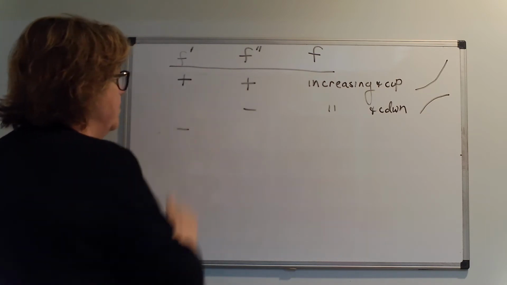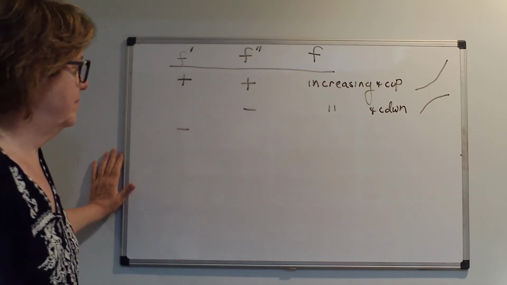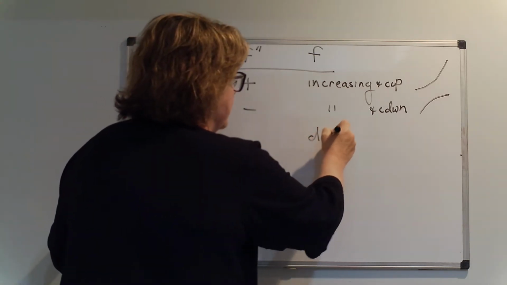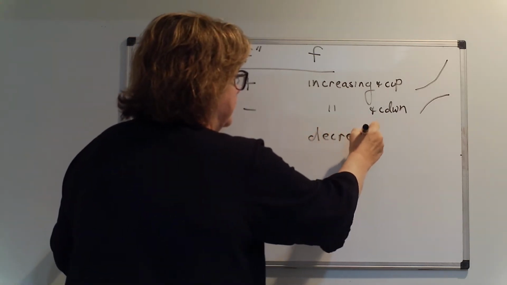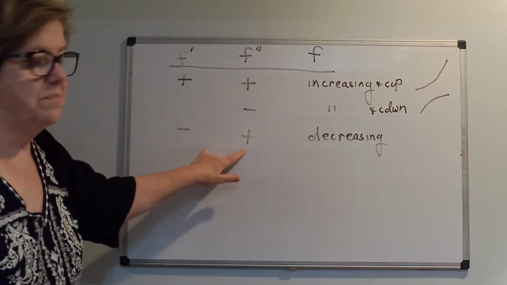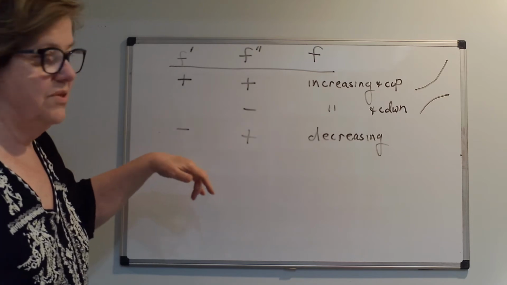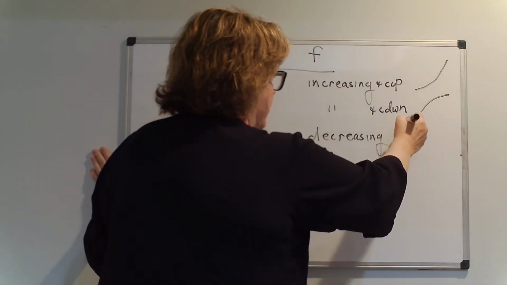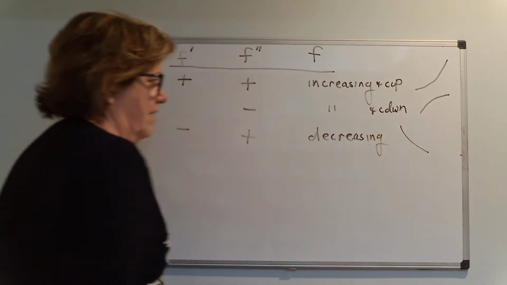If the first derivative is negative, then the function is decreasing, right? If the second derivative is positive, then the function is decreasing and concave up. So what would that look like? Like this.